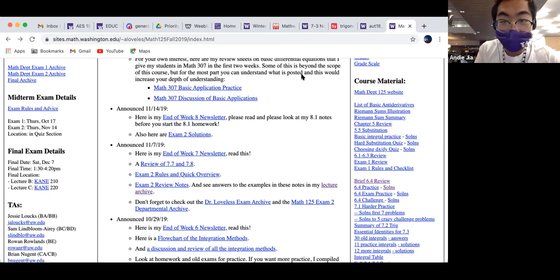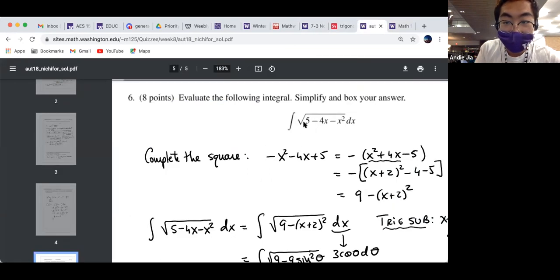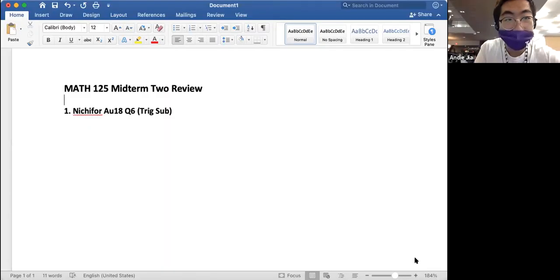So the integral we have is 5 minus 4x minus x squared. Can you see my Word document or no? Okay, I will change the setting here. I will reshare. Now you can see it, right?